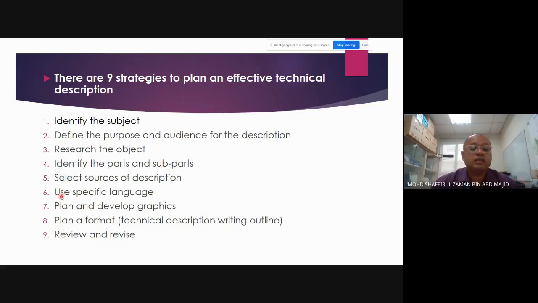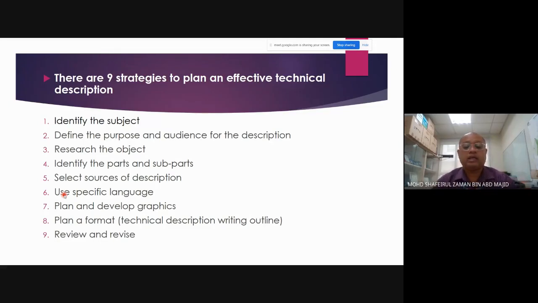Number six, use specific language. So specific language here, let's say if you're going to describe a supercar or a fast car, instead of saying that the car is fast, what you can do is say that it can be driven up to 250 kilometers per hour.